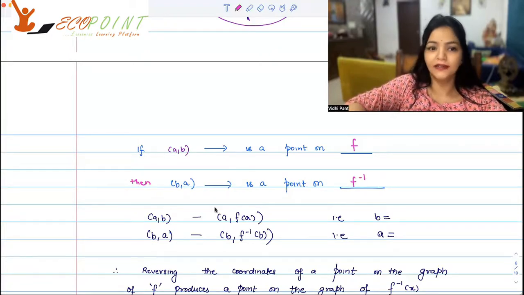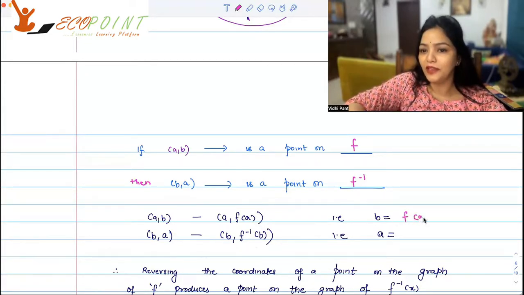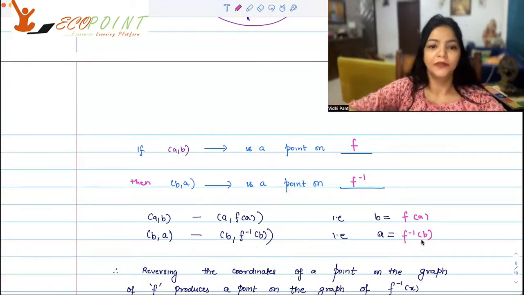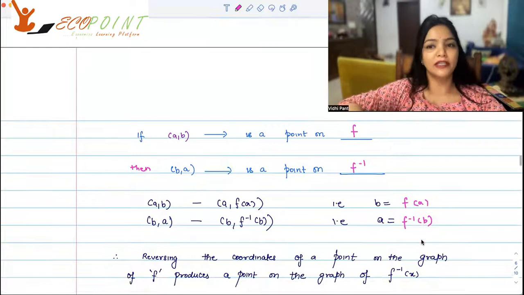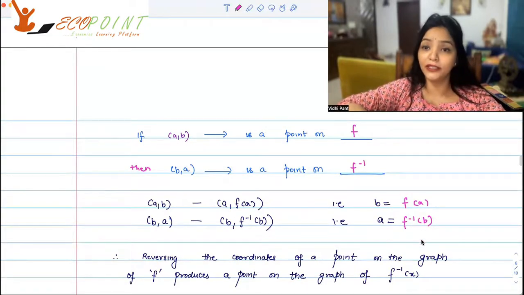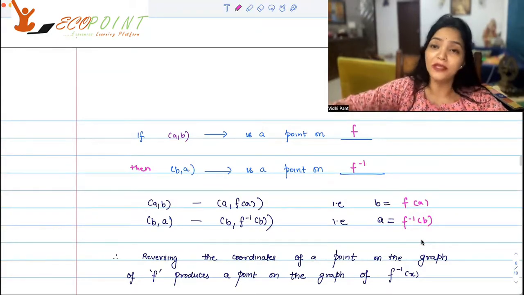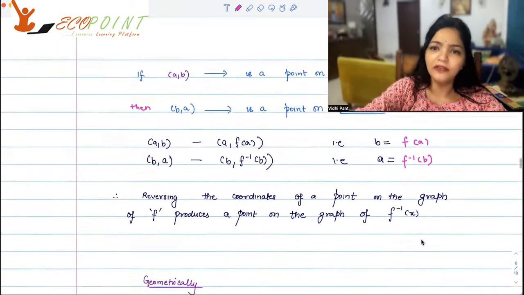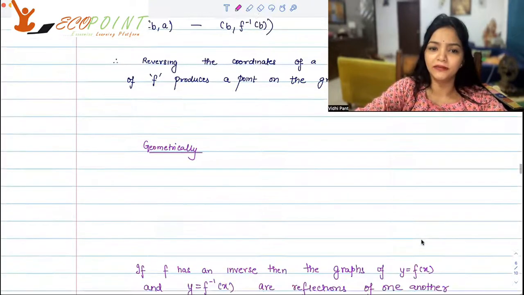That's what I just said. (A, B) is nothing but (A, f of A). (B, A) is nothing but (B, f inverse of B). That is, B is equal to f(A) and A is equal to f inverse (B). Right? So reversing the coordinates of a point on the graph of f produces a point on the graph of f inverse (x). What kind of a relation is this geometrically?